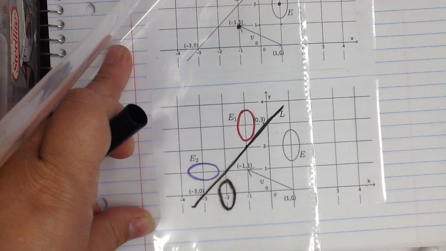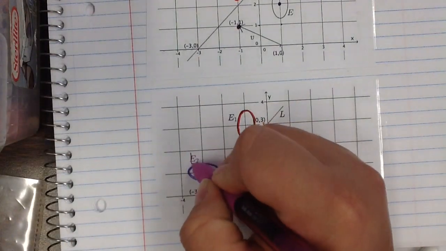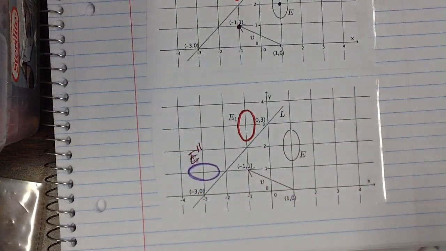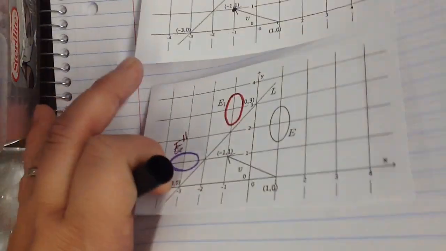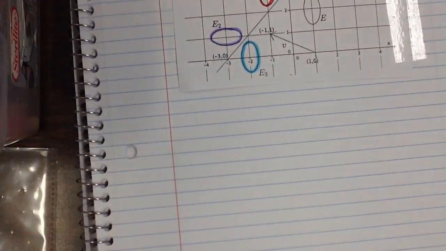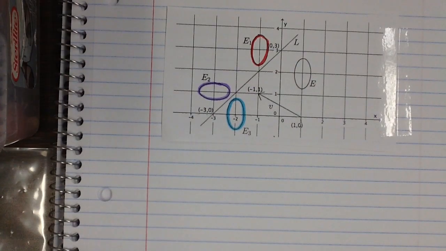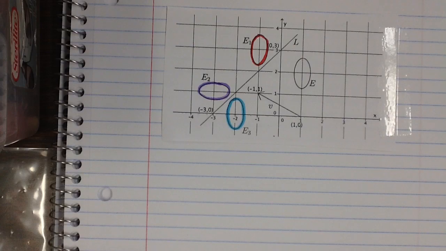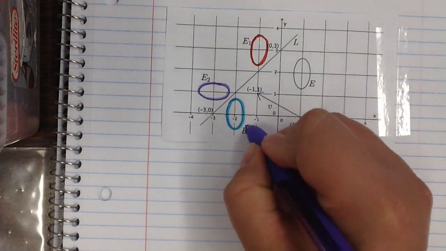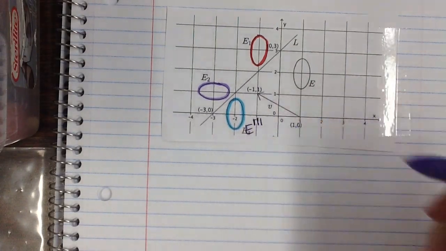So this one here was E prime prime. It's the second time we moved it. And then when we reflect it, we're going to have this one here. And this would be E prime prime prime.